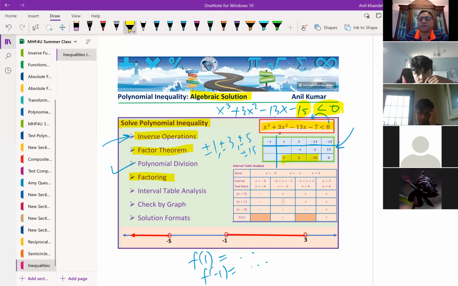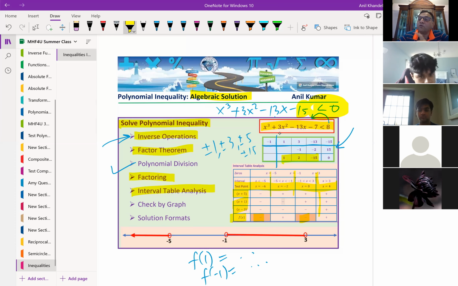If you get 3 roots, which I think you get in this particular case, these 3 roots will divide the whole domain into 4 intervals, correct? So we will use this interval table analysis to find in which interval the function is negative, because we are interested in less than 0. In these intervals, we'll take a test point, and at each test point, we'll check our factors and multiply them to figure out which interval is part of the solution. Is that clear to everyone?